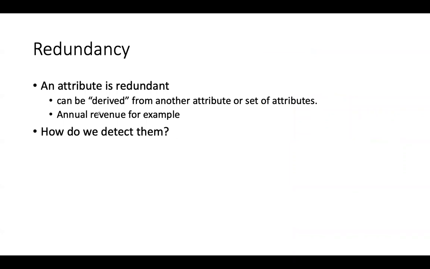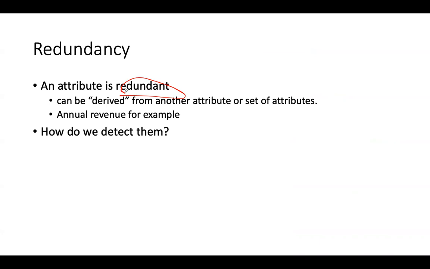Redundant data really occurs while we merge data from multiple databases. Again, some of these issues occur when you're getting data from different databases. If you don't remove this redundant data, definitely you end up having incorrect results during data analysis.